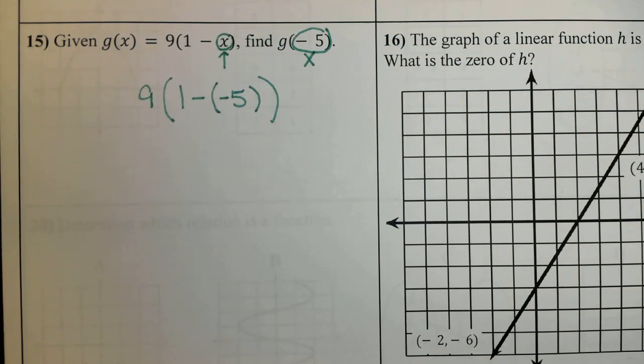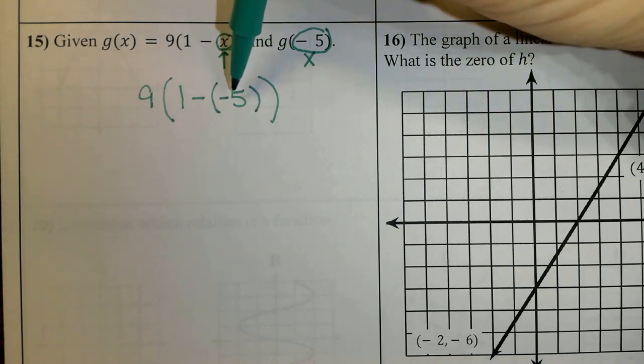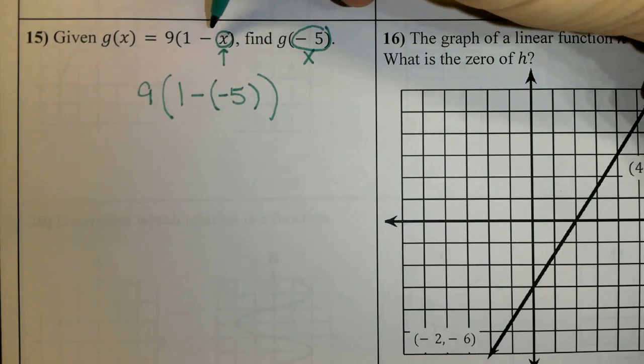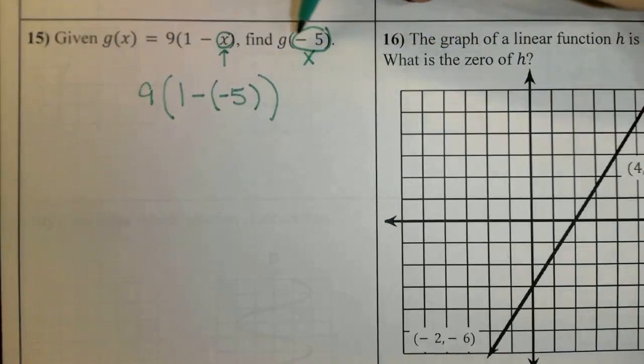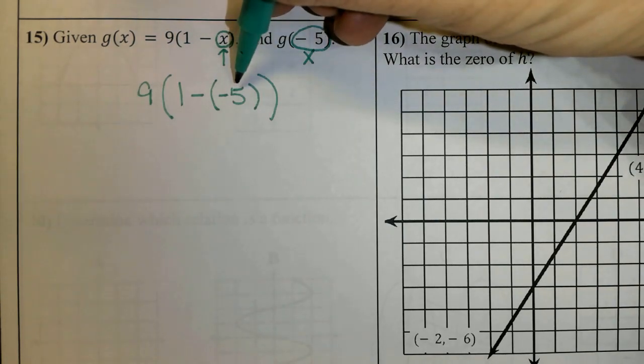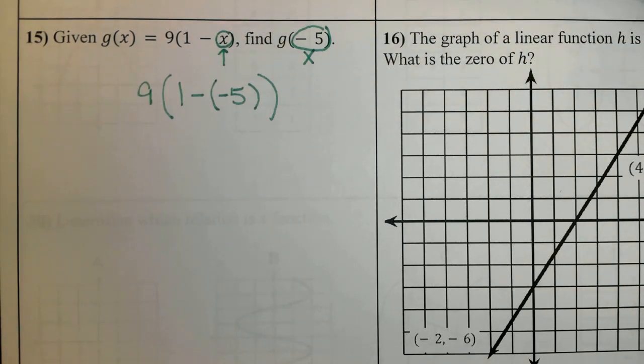I have seen way too many people say, oh, that's negative 5 and that's already negative x, so I'm just going to put 5 and be done with it. You cannot do that. Please don't do that. Okay? This negative is not part of x, so that negative stays. This negative is part of 5, so all of that gets put into x. That's why I always use parentheses.